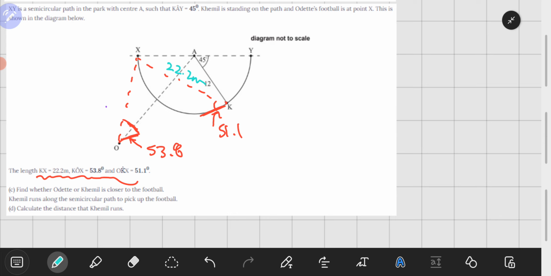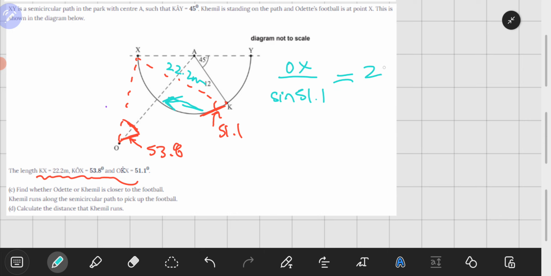We know that Kemal is 22.2 meters from the ball, and we know these two angles. Now we can compare the sides using the law of sines, where OX, which is Odette's distance from the ball, we can compare with the sine of 51.1 because it directly opposes the side, and that's how the sine law works.